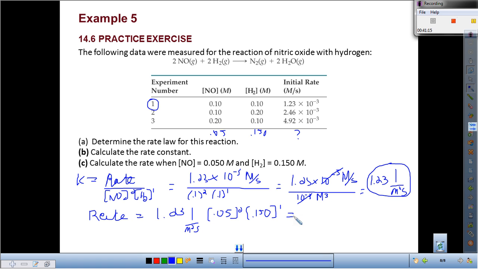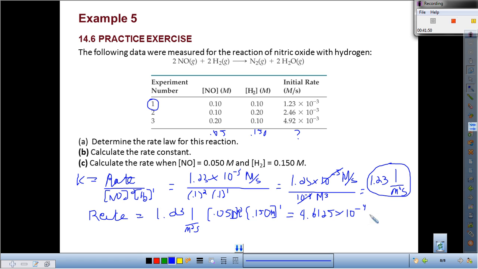And now you just do a little bit of math. And when you do the math, you get 4.6125, sorry about my 6, times 10 to the negative 4. Okay, that's my rate. Now let's look at what happens with my units. Remember, this is molar, and this is molar.